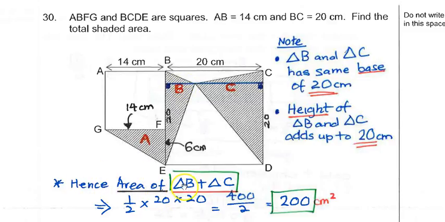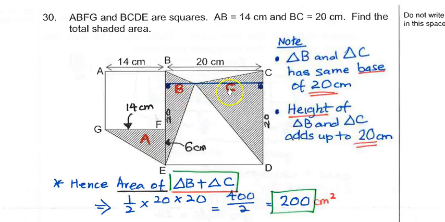Hence, the area of triangle B and C is calculated this way. Half times 20 times 20. The height here, 20 times 20. Right? So 400 divided by 2 is 200 cm square.